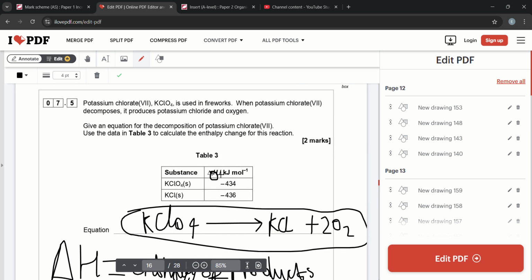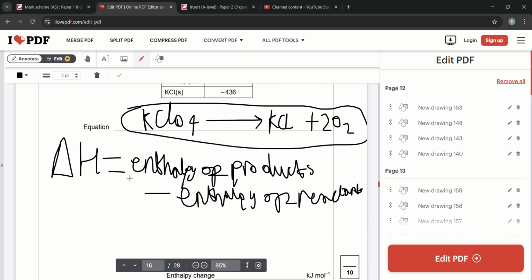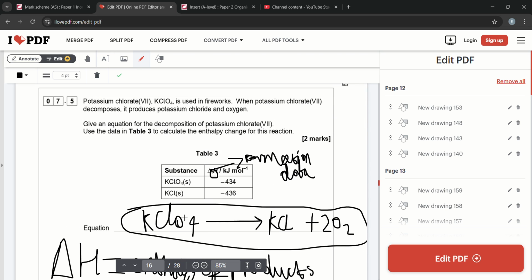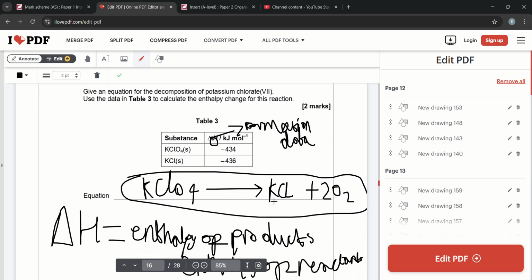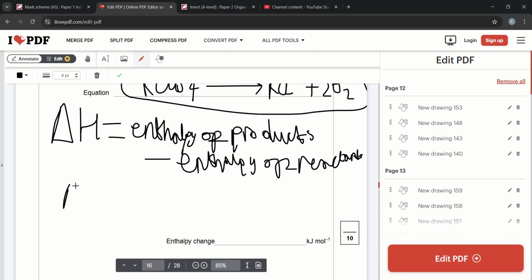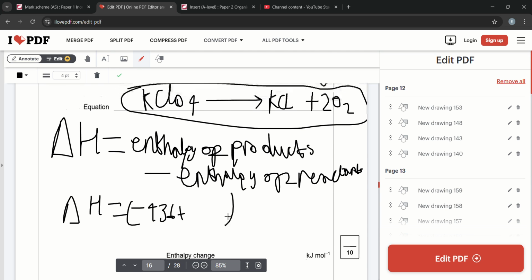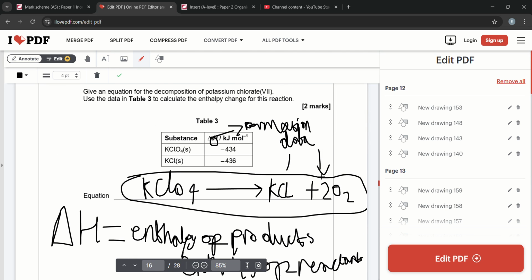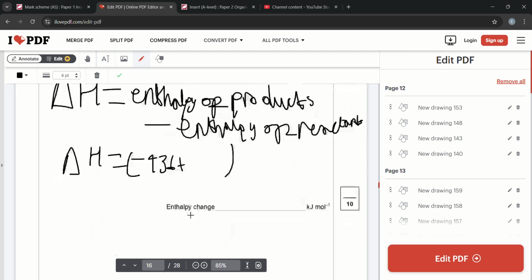So because it's formation data, delta H is enthalpy of products minus reactants. The product is KCl, minus 436, plus enthalpy of 2O2, which, because it's an element by itself, is going to be 0. It doesn't give us that in the table, but we should know that it's 0.